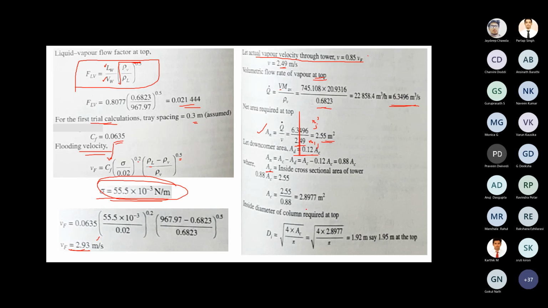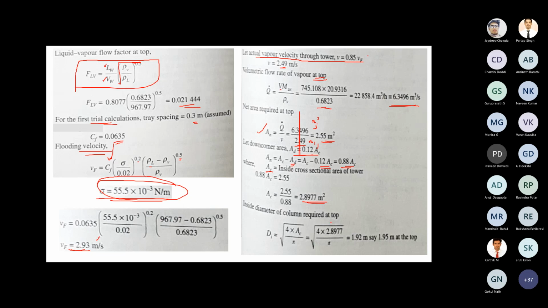AC is 2.55, that is the calculated net area. So here your AD is 0.12 times AC, so net area is 0.88 times AC. So AC is 2.55 divided by 0.88, that is approximately 2.9 meter square.